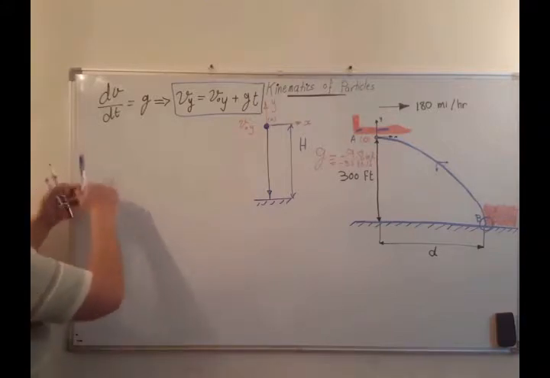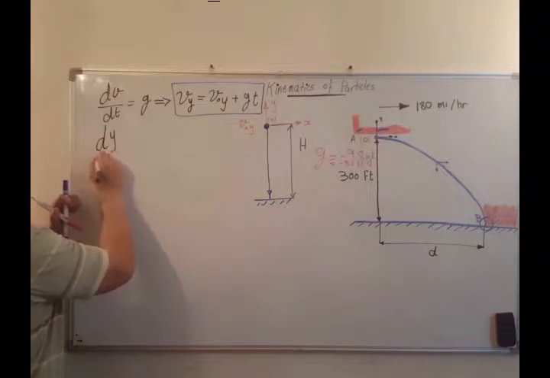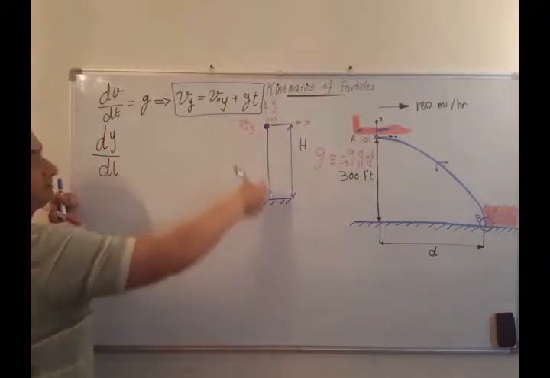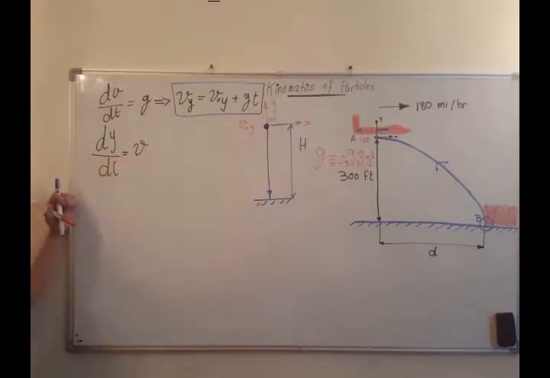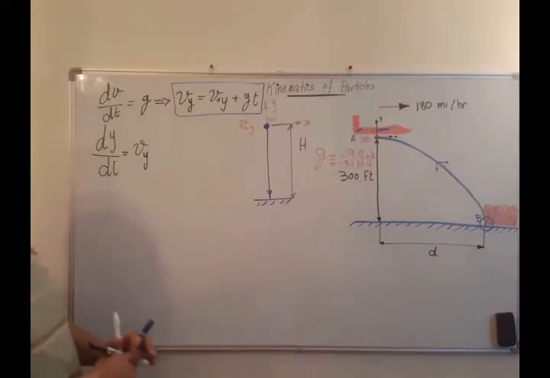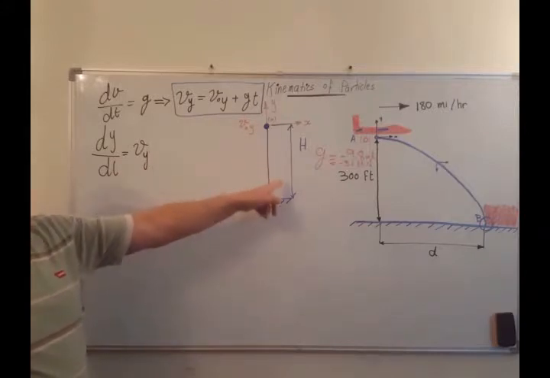In the same way you can write delta y over delta t, the vertical displacement, equal to the velocity in the vertical direction. We are speaking about the vertical displacements and the vertical velocity in this example.